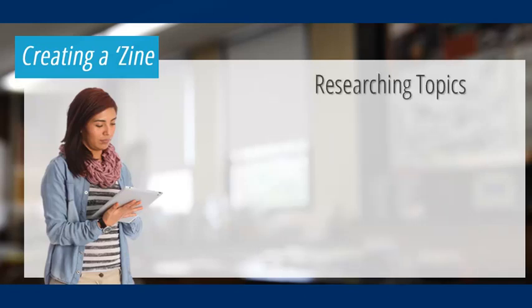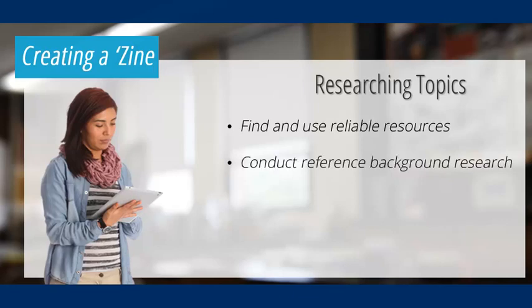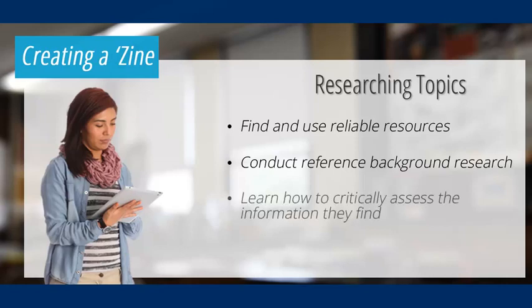Therefore, it is important that they find and use reliable resources and conduct referenced background research. It is important to help students learn how to critically assess the information they find. Their first task is to ensure that the source is reputable.